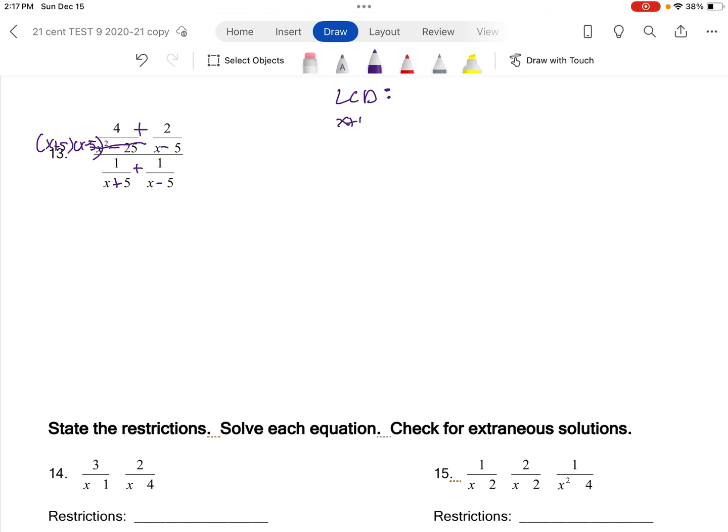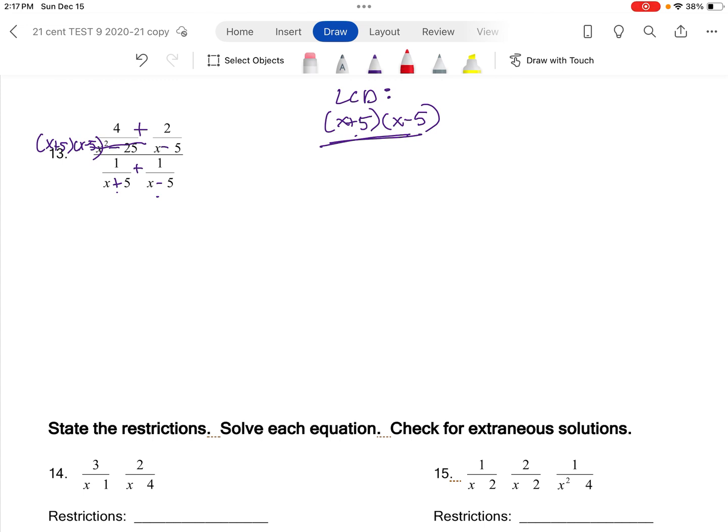So I see x plus 5 is a factor. I see an x minus 5. In this denominator, I don't have anything different. x plus 5 in this one, not different. x minus 5, not different. So my LCD is x plus 5 times x minus 5.